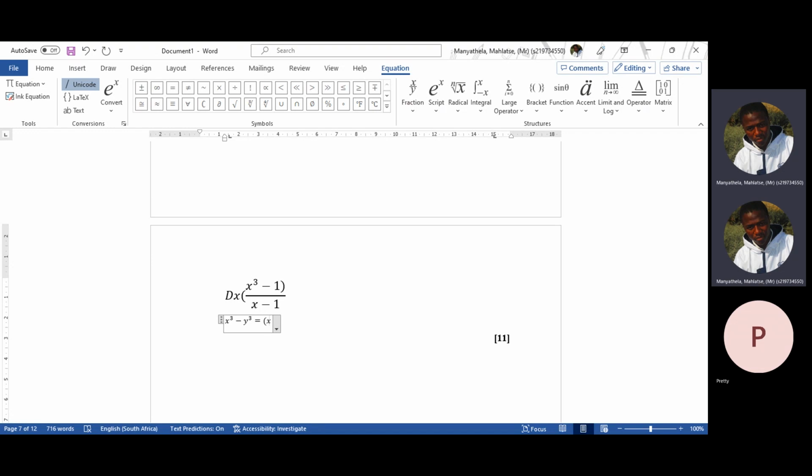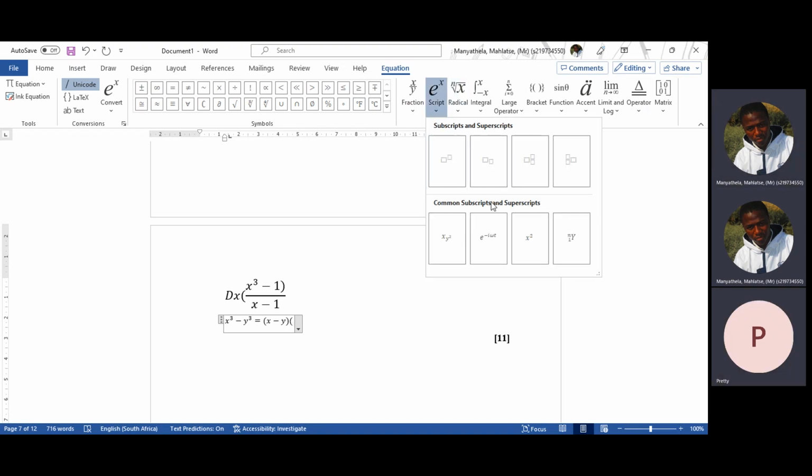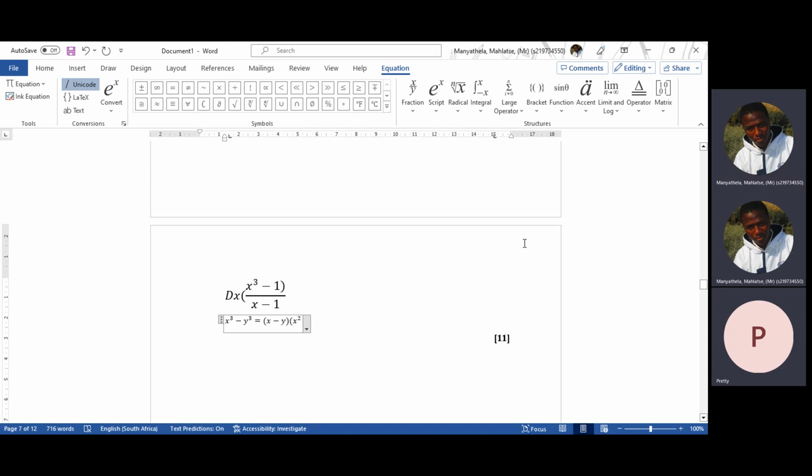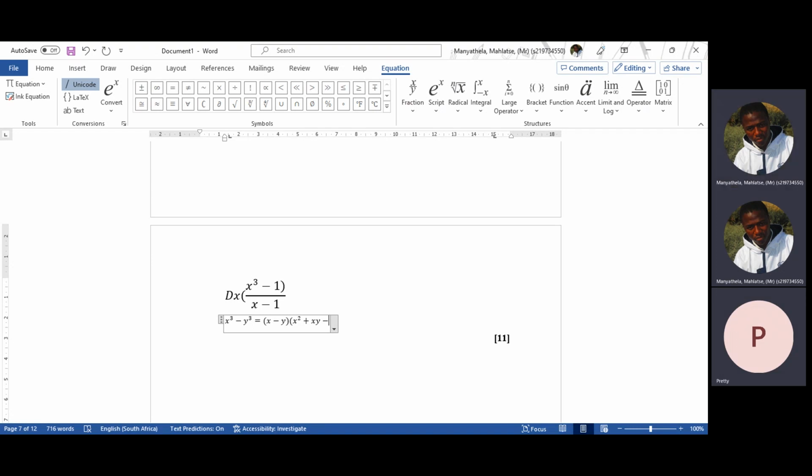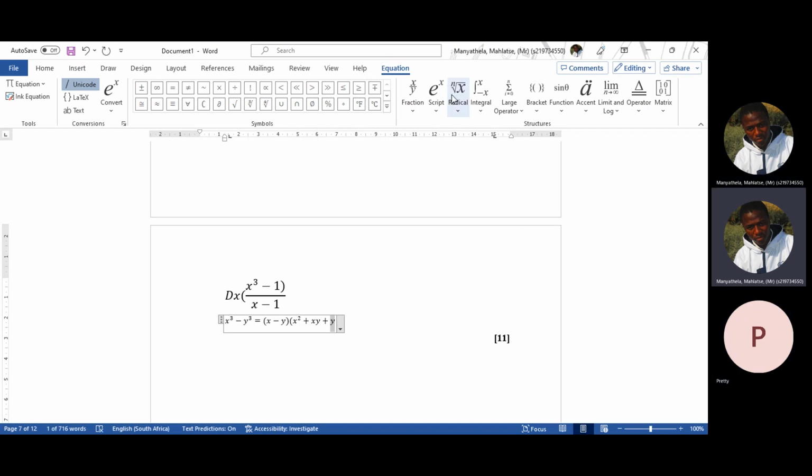So it will be (x minus y) in bracket (x squared plus xy plus y squared).